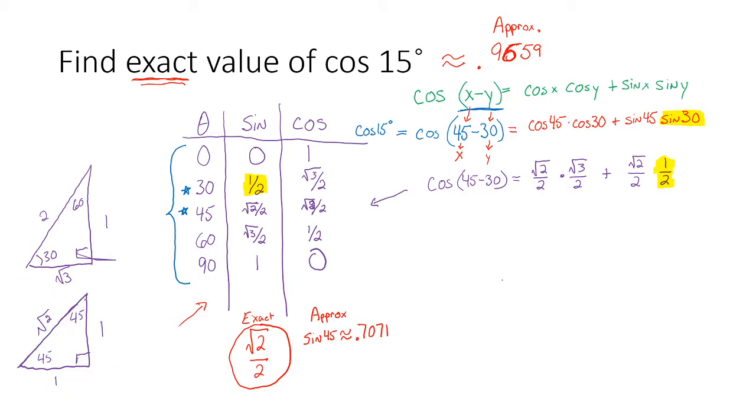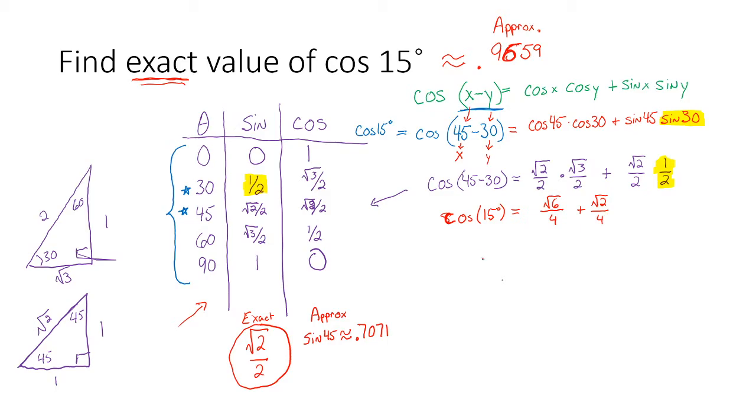Now, let's simplify this. The simplification step is going to say that the cosine of 15 degrees is equal to the square root of 6 over 4 plus the square root of 2 over 4.